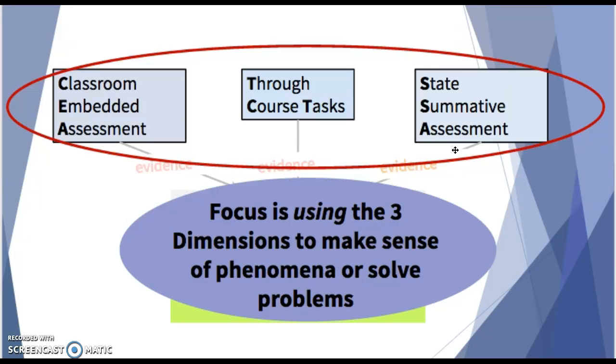Now it looks different, and there's a couple of different components to it, but their goal is to really assess all 3 dimensions. The through course tasks spend time assessing not as much the disciplinary core ideas or the content piece. It's really focused on assessing the science and engineering practices and the cross-cutting concepts.